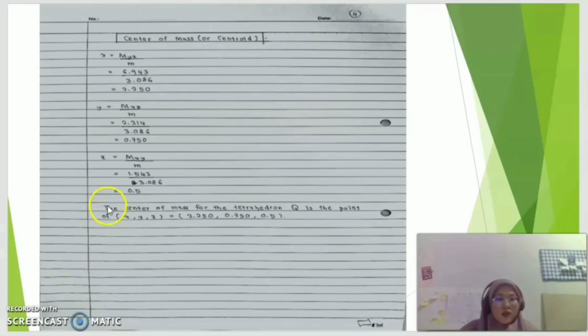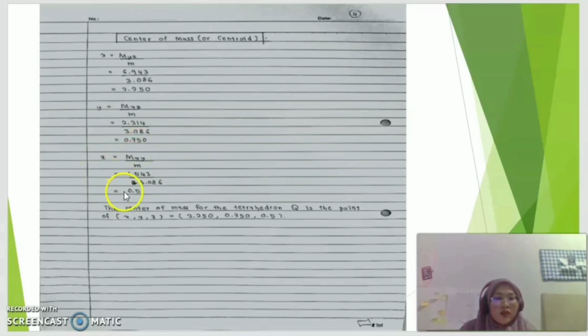Next, for finding the center of mass or centroid, we use the formula: the moment of mass divided by the total mass. At the x-axis we got 2.250, at the y-axis we got 0.750, and at the z-axis we got the value 0.5.